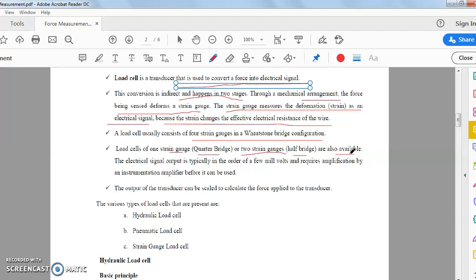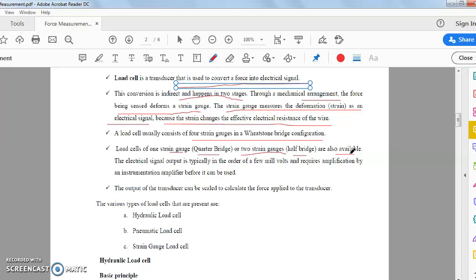When you use 4 strain gauges at the 4 arms of the Wheatstone bridge, the circuit is called a full bridge. When you use 2 strain gauges instead of 4, the circuit is called a half bridge. When you use only one strain gauge, the circuit is called a quarter bridge Wheatstone bridge.